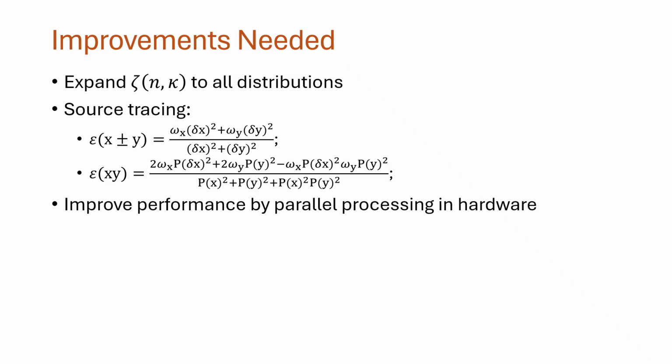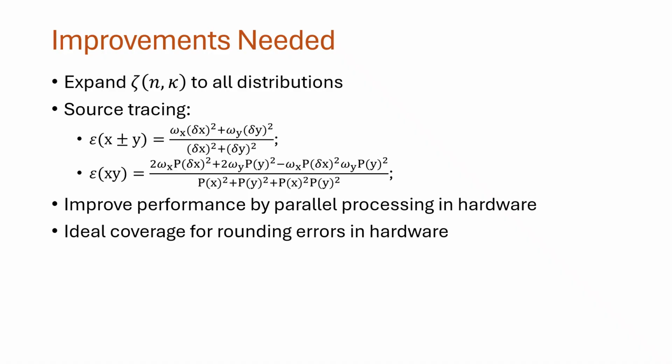And also we need to improve performance by parallel processing and hardware, because StatisticalTaylorExpansion contains a lot of sums with the exact same structure, which is ideal for SIMD, single instruction multiple data. Another thing is we need to improve to achieve ideal coverage for random errors in hardware.